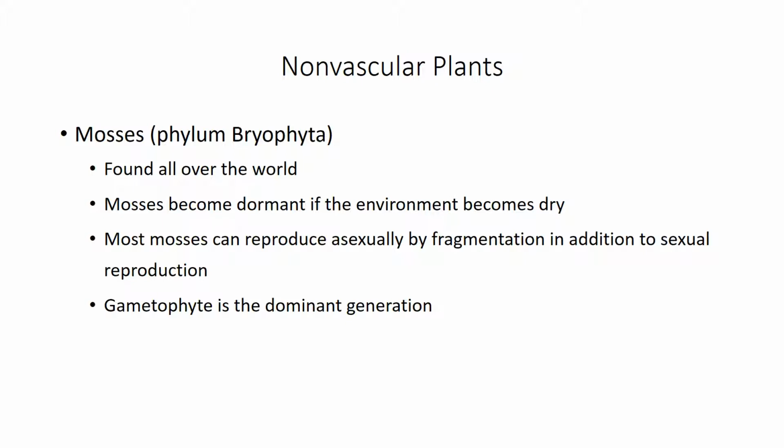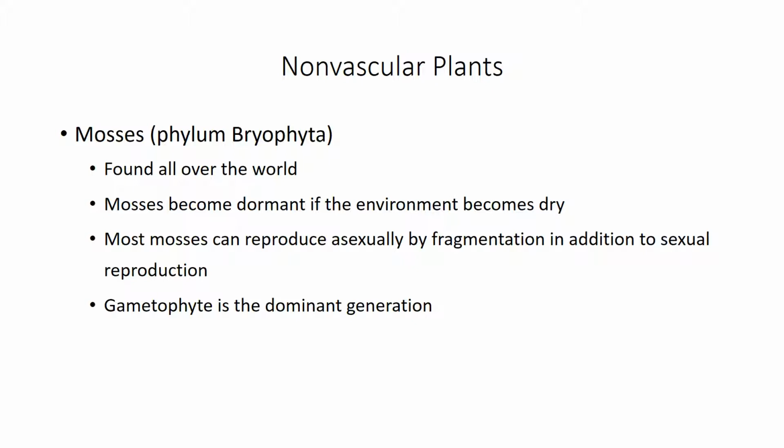Now, mosses. Mosses are found all over the world, from the Arctic Circle down to Antarctica, mostly in damp, shady locations. You find some in deserts, bogs, and streams. They're pretty adaptable. Mosses become dormant if the environment becomes dry until the rain starts again.